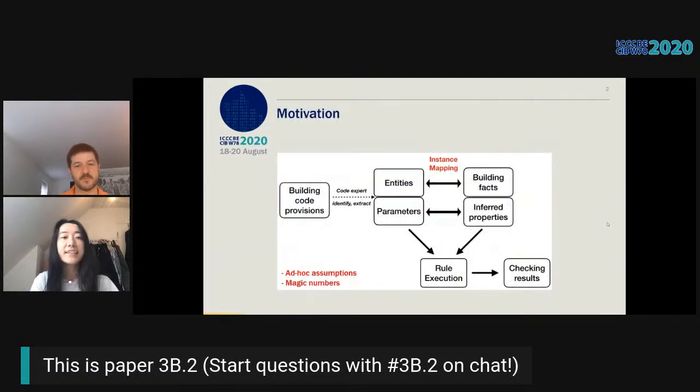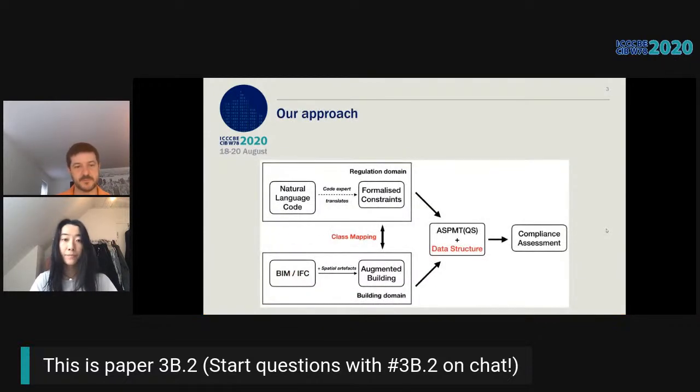Great, thanks. So the motivation is that in automatic code checking processes, if code engineers use ad hoc assumptions and magic numbers to translate instances from regulation terms to building properties, this might lead to obscure and unverifiable checking results. This is why we're proposing a new approach to have a class mapping from the regulation domain to the building domain, and to build a data structure directly into our chosen logic framework called ASP-MTQS for runtime optimizations.